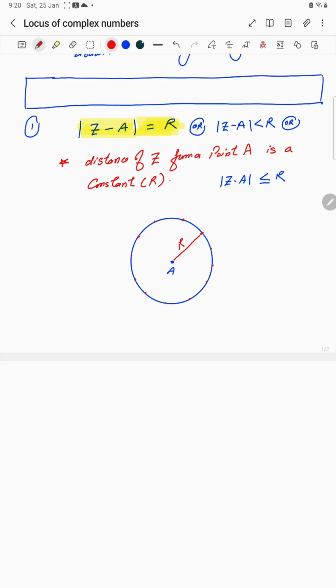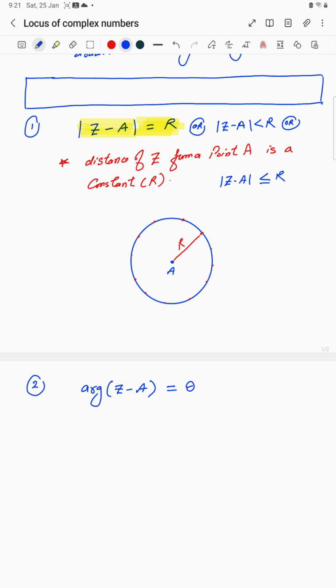Second, point number 2, if you have the argument of z minus A equal to some angle, say theta. Argument means angle, and theta will be given to you.